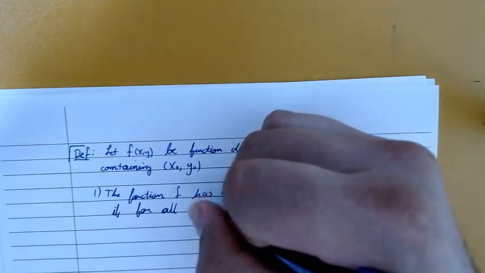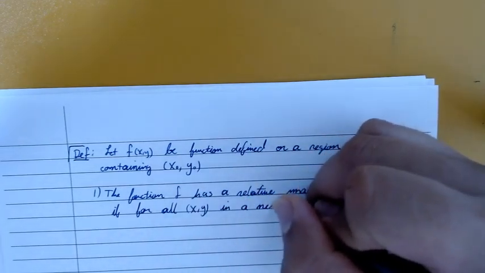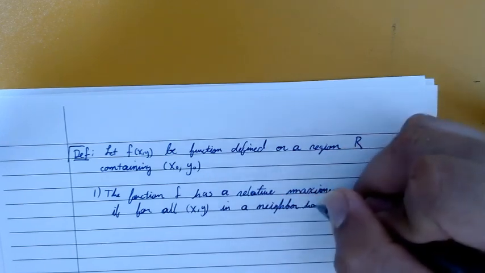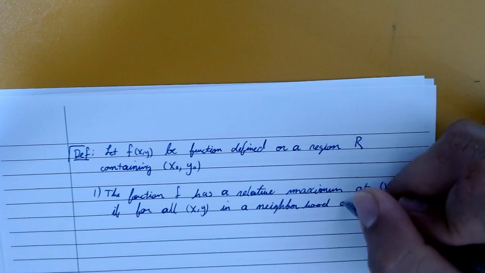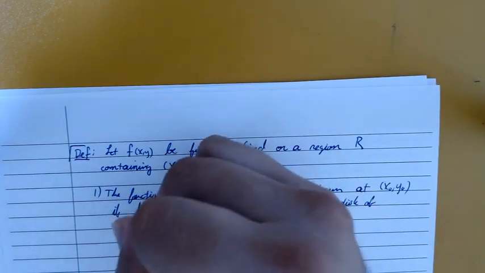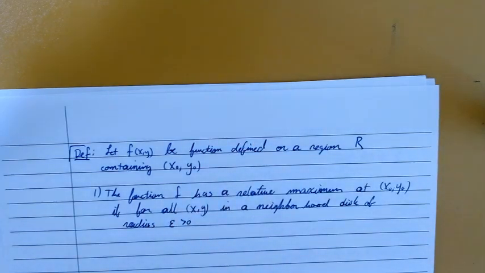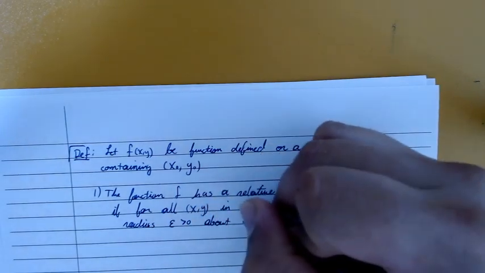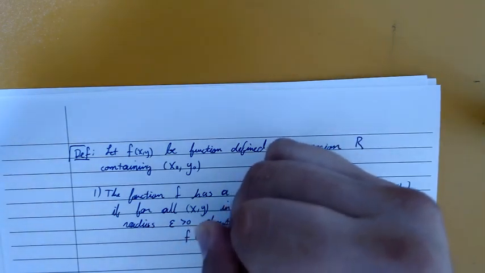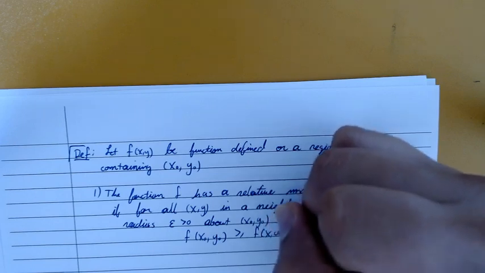for all x and y in a neighborhood, a disk of radius epsilon greater than 0 about the point x naught comma y naught, we have that f of x naught comma y naught is greater than or equal to f of x comma y.